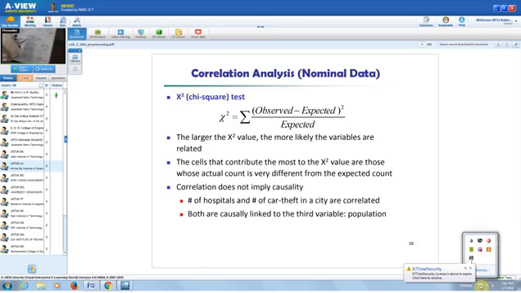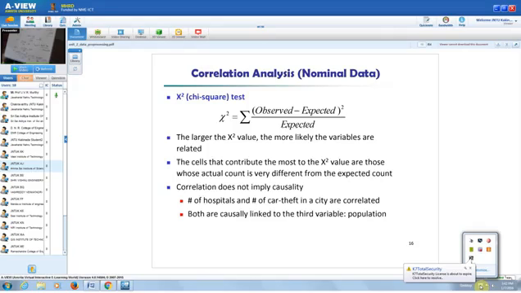That's 1050, and this is 840. So now it is 50 minus 210 by 210, and 1000 minus 840 by 840. So the value has come down as 507.93.